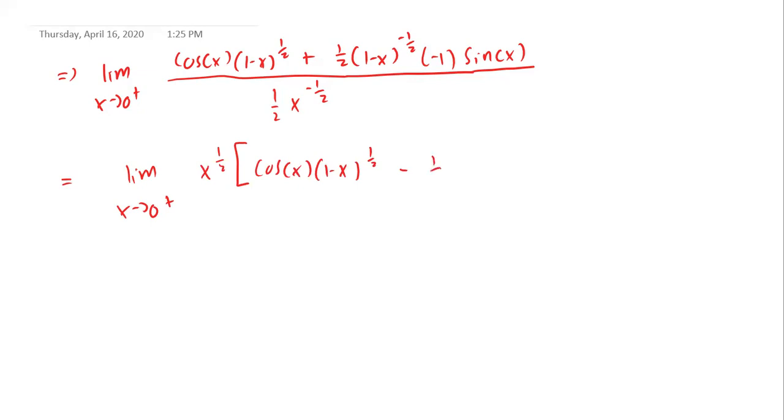I have 1 half times minus x to the negative 1 half times sine of x. Now, this 2 here, I have a 1 half on the denominator. Remember that if you're dividing by a fraction, it's the same as multiplying by the reciprocal. Right? So if I multiply instead by the reciprocal of 1 half, I'm just multiplying by 2.